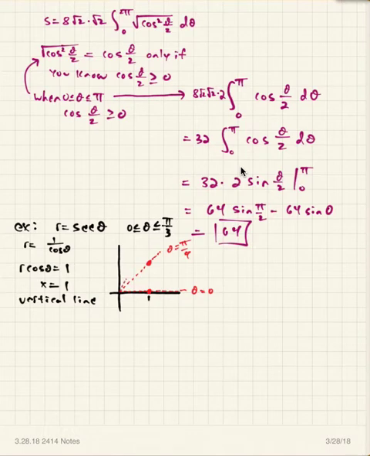When theta is pi over 3 over here, you're still getting this line right here. And so notice you are getting a vertical line, and what we're looking for here is simply the length of this vertical line that stretches from 0 to pi over 3. It's just that piece that I've put in that's solid right there. All right, so that's what we're trying to find the length of.